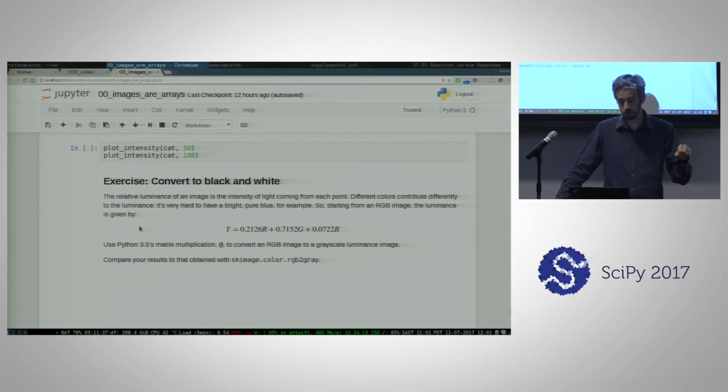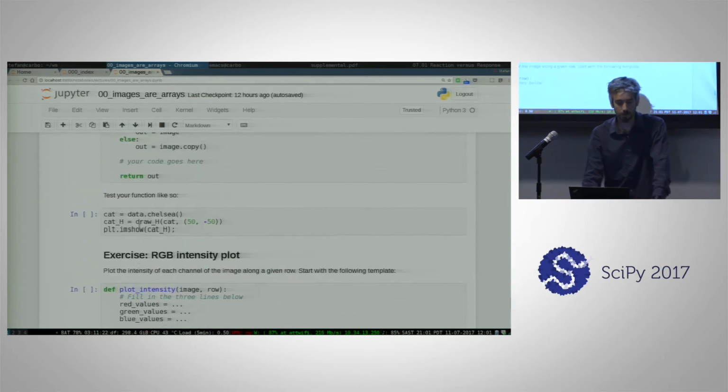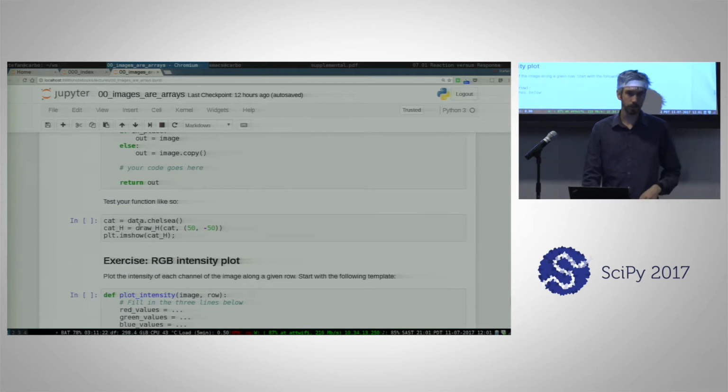So you need to take 0.2 of red, 0.7 of green, and 0.07 of blue to convert from RGB to gray. So I'm asking you to do one single matrix multiplication to take a color image and convert it to gray. Okay, so we'll take 10 minutes to do that, and then I'll take 5 minutes to run through the solutions.